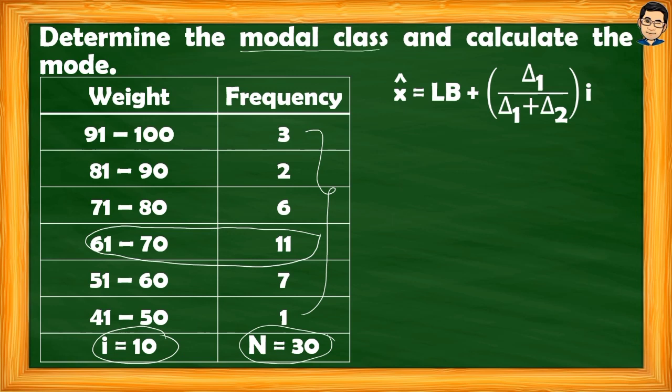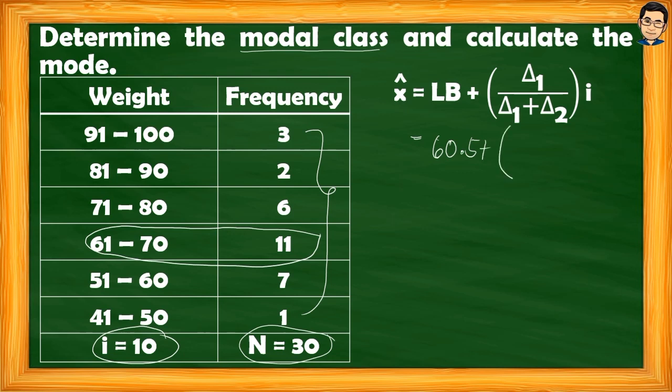Okay. Let us now apply the formula, because we can now get the lower boundary. So, the lower boundary here, from 61 to 70, we take 61. And then, we subtract 0.5 from it, because it is the lower class limit. So, it becomes 60.5 plus, ayan, delta 1.